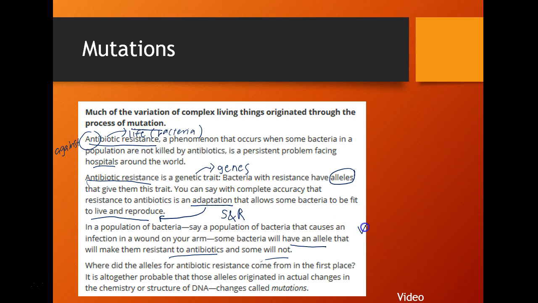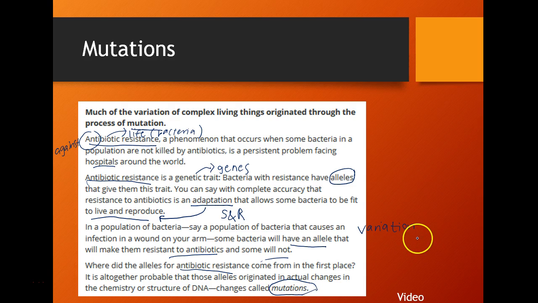Remember, this is what we call variation. All the bacteria in that population aren't the same. Some have that resistance, some do not. But where did the alleles for antibiotic resistance come from in the first place? How this happens is what we call mutations.